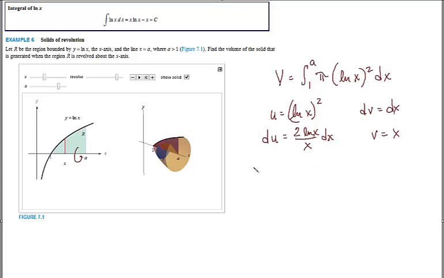And for my volume then, that's going to be u times v, so that is natural log of x, quantity squared, times v, which is x, evaluated from a to 1, minus the integral of v, which is x, times du, which is 2 natural log x over x dx. Notice how lovely it is that these things cancel.